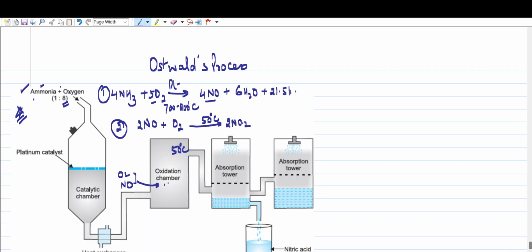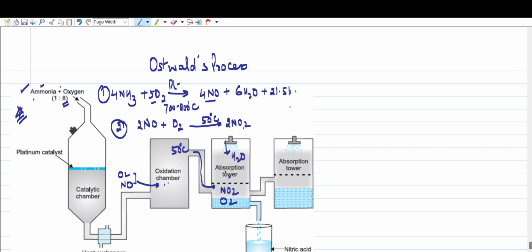dioxide gas. Now this reddish brown nitrogen dioxide gas and excess oxygen travel on. So you have nitrogen dioxide, you have oxygen, and from the top in the absorption tower water is falling down.